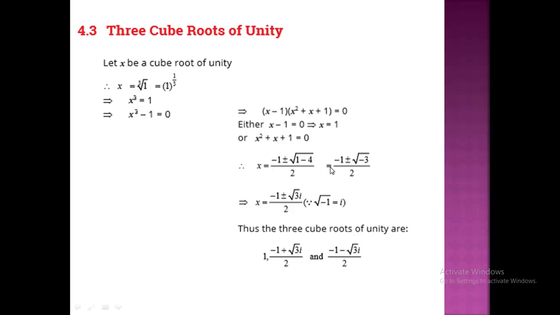Now its values are these. We remove minus from the square root, it becomes iota, because square root of minus 1 is equal to iota. Now the cube roots of unity are, one is x is equal to 1 and the other two are these values. One is our real root and these two values are imaginary roots, complex roots.